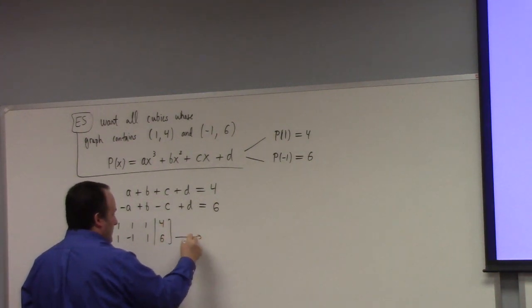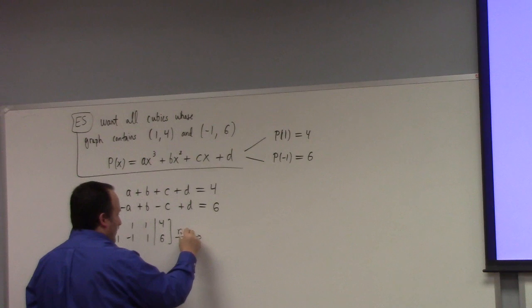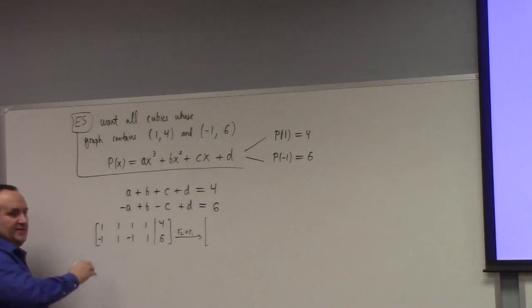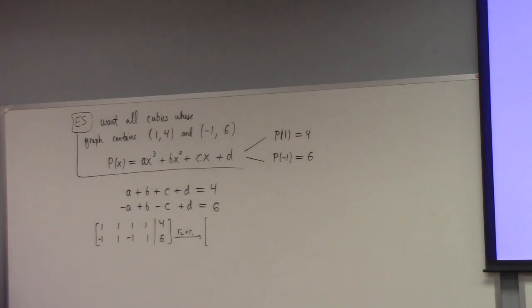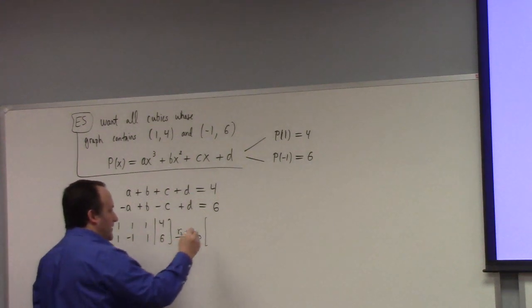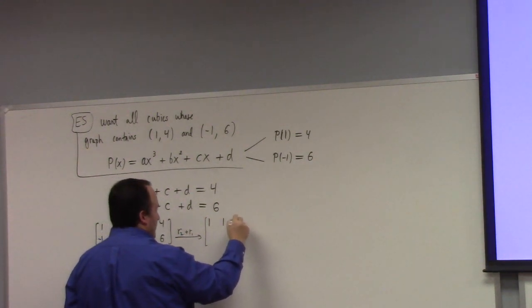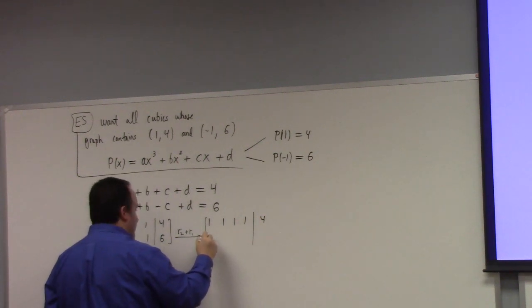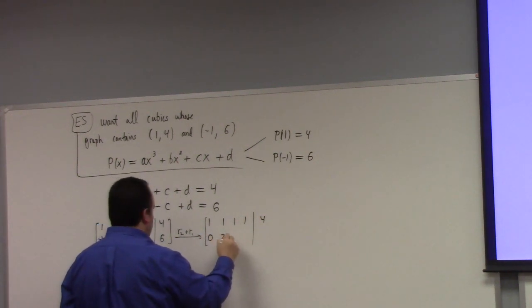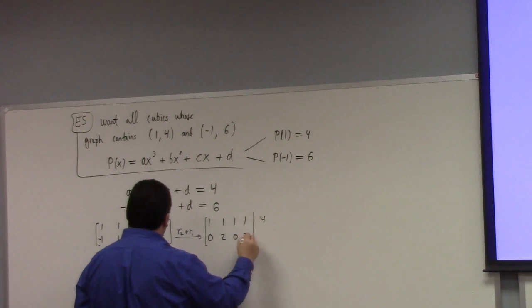So I can do row 2 plus row 1. And this is A, B, C, D columns, right? It's a linear equation in A, B, C, D. And so row 2 plus row 1, so I've got 1, 1, 1, 1, 4. And I've got, excuse me, 0, 2, 0, 2, 10.